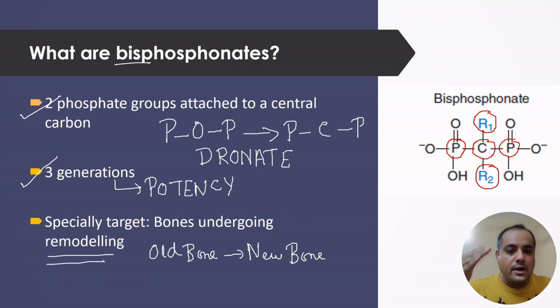Based on what compounds are attached to this R1 and R2, the bisphosphonates are classified according to generations. Their classification is based on 2 criteria. The first criteria is the potency, and the second, most important criteria, is the structure, the group that is attached to the basic structure of the bisphosphonates.